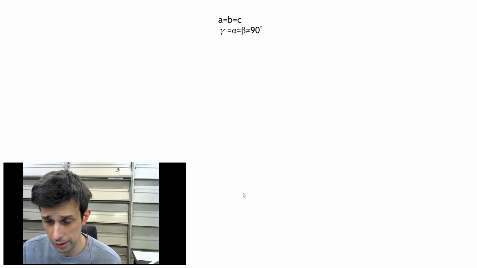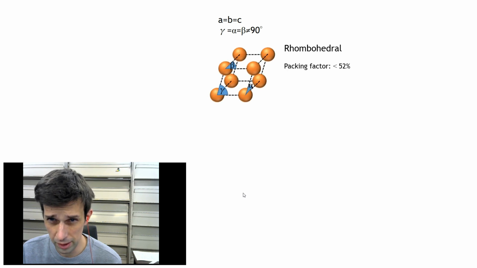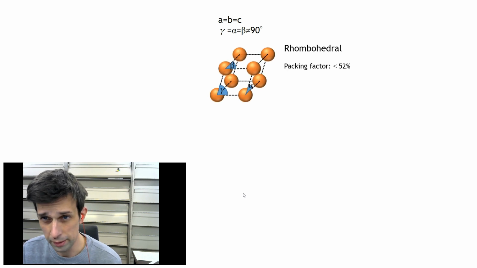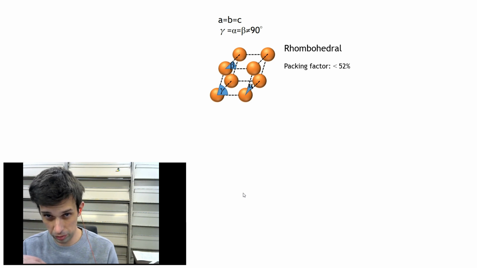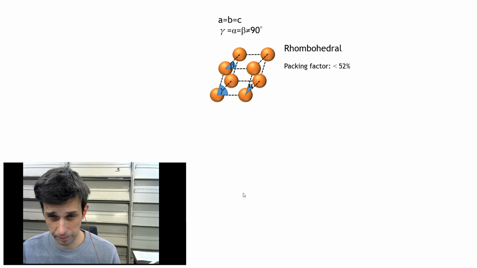When a equals b equals c, and gamma, alpha and beta are all equal but different than 90 degrees, we have a rhombohedral structure, which can reach a packing factor of 52%. It looks like we just squeezed or pulled our perfectly cubic structure at two opposite corners.